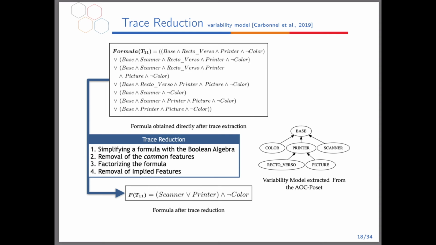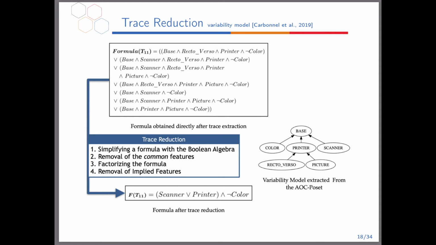First, by applying the simplifications from Boolean algebra. Second, by removing the common features, since it is redundant to have them in all formulas. This information is given by the AOC-posets and is extracted directly inside a variability model. We refer to the process of how to make this variability model in more detail in our paper.